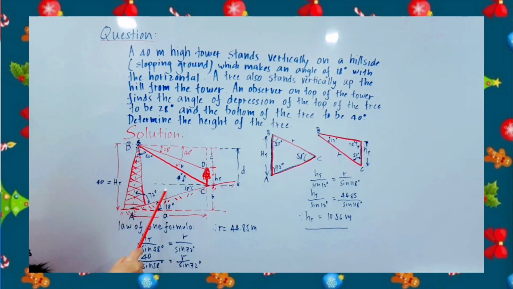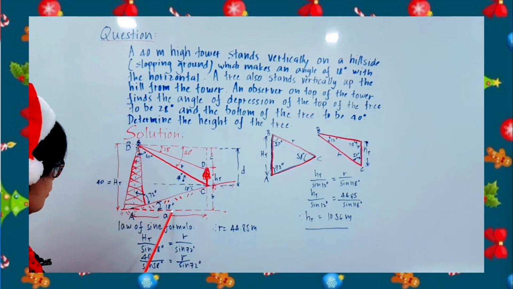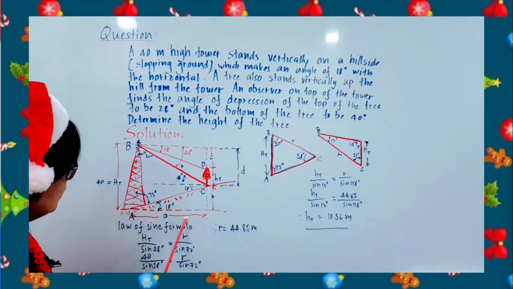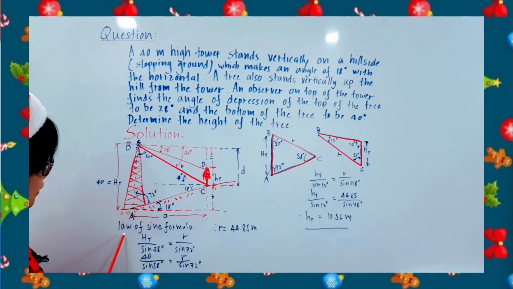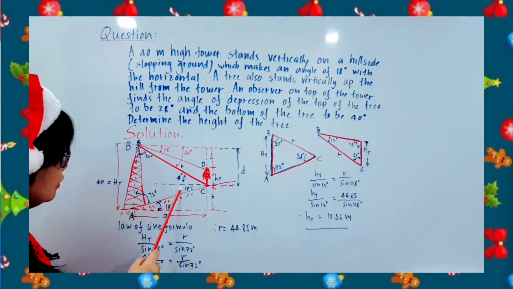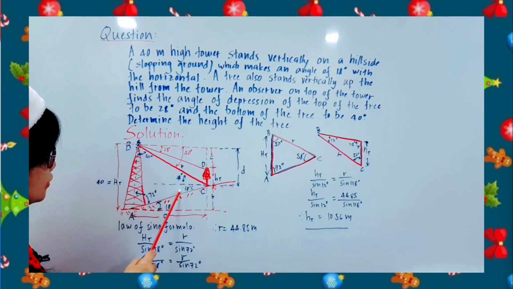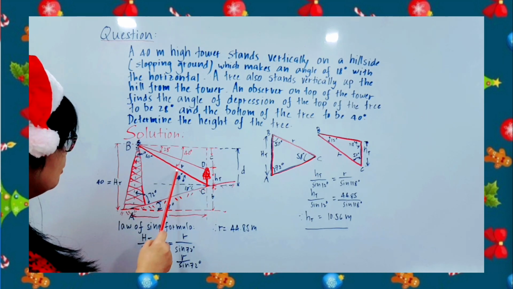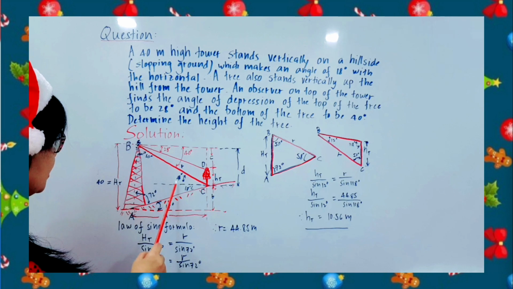Ito naman dito, dahil dito, pwede rin tayo makaform dito ng two parallel lines, tapos may transversal line. So, dahil given itong 18 degrees, therefore, itong angle rin ito, alternate interior angles, which is 18 here, so must be 18 here. So, ang total niyan sa loob is 58 degrees.